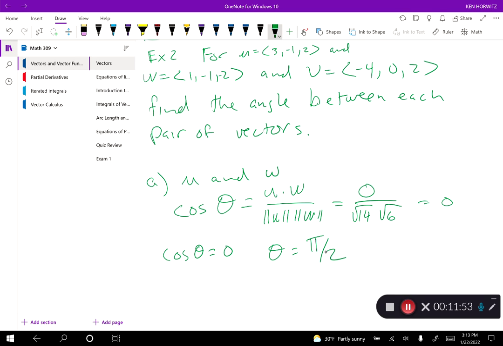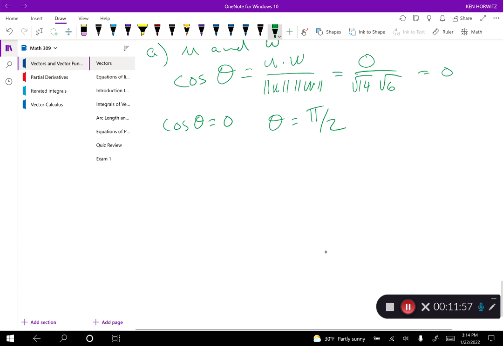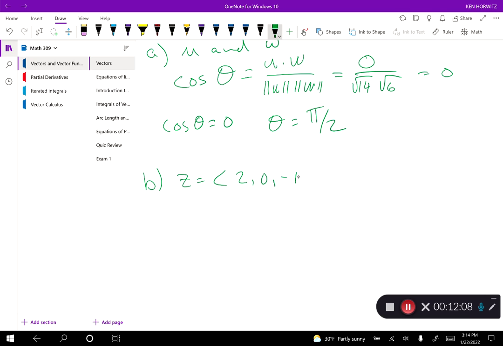All right, so now I'm going to add another vector into this. I'm going to add in vector z. Vector z equals 2, 0, negative 1.